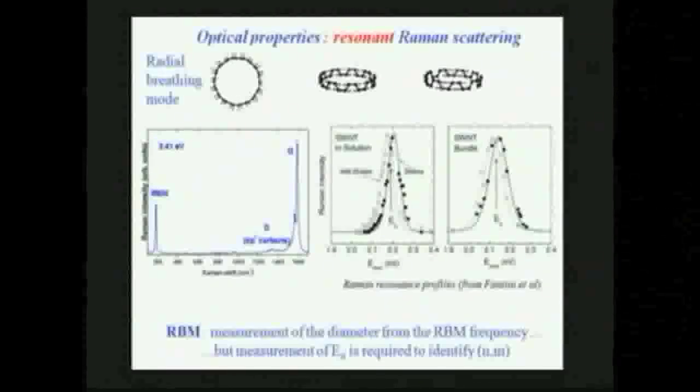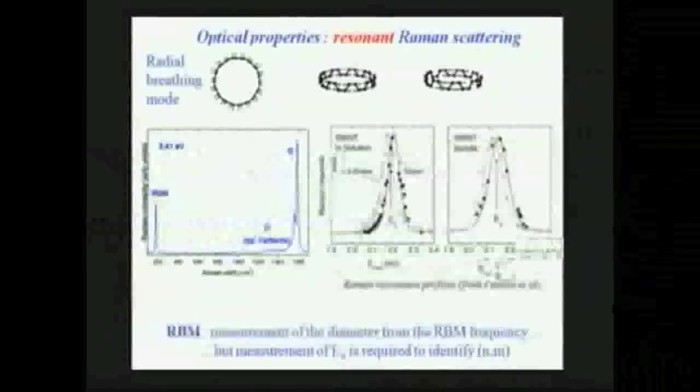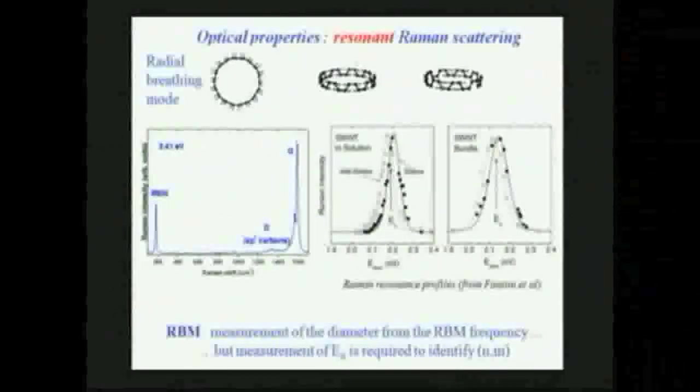What is a Raman resonance profile? It's a measurement of the intensity of the radial breathing mode with respect to laser energy. So for this, usually you use a tunable laser, like a Titanium Sapphire laser, where you can tune the laser energy. You will measure the intensity of the radial breathing mode with respect to the laser energy, and you will find a Gaussian evolution, and the maximum will tell you exactly the resonance energy, the absorption energy of your nanotube.